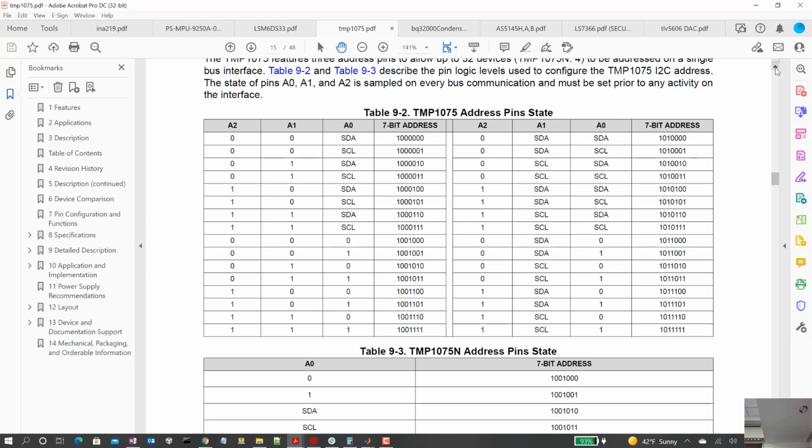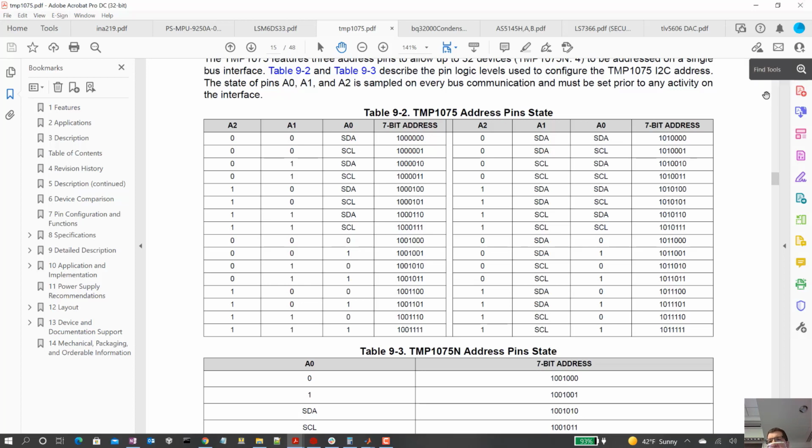So they've been doing a better job. I've had trouble in years past where 2 devices would have the same address. But here, notice you can pick between all these different addresses by how you wire. There's 2 pins on this device, A1 and A0.